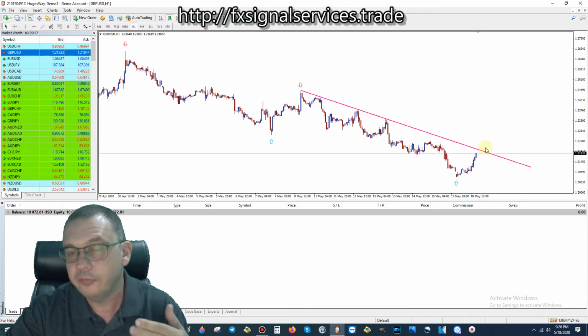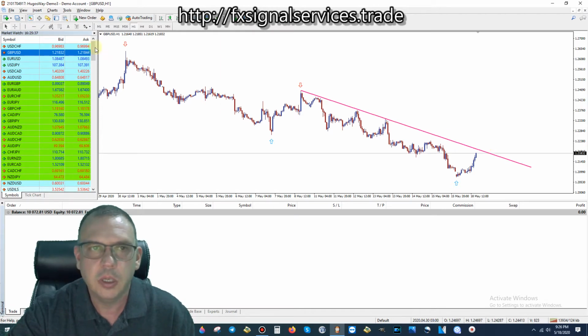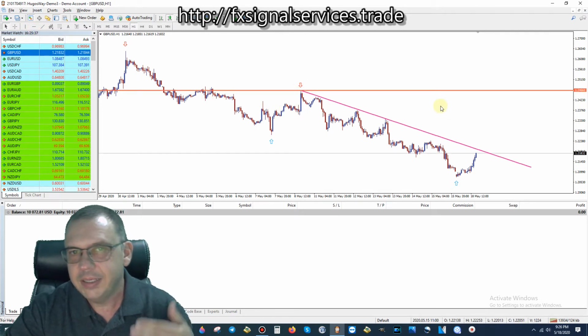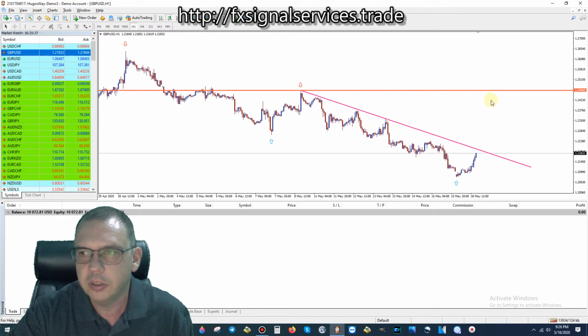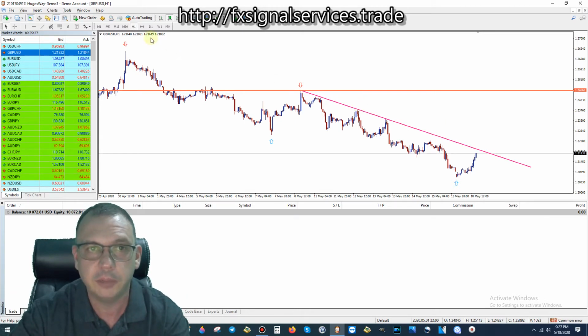Okay, now for closure, you can probably do a couple of things. If we look right here, if we mark this resistance with a horizontal line, that is kind of where we are projecting the price to go. So once you enter the trade, you can put a take profit below here. I'm going to place a pin in order just to illustrate what I'm talking about.